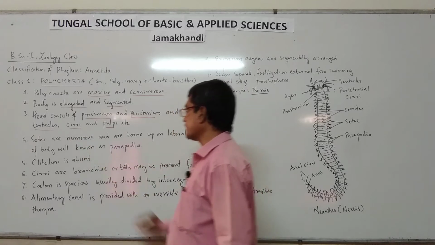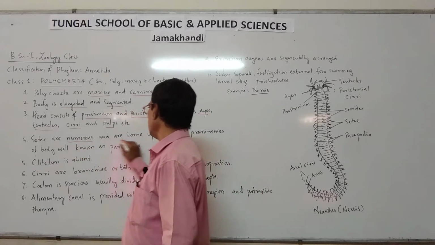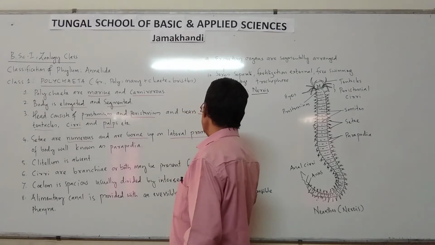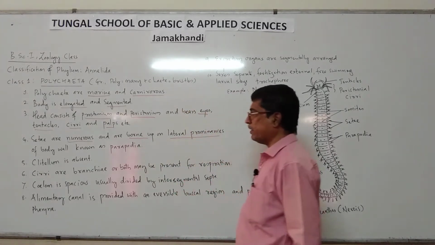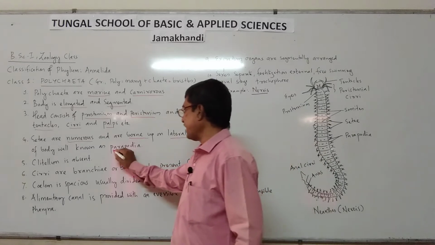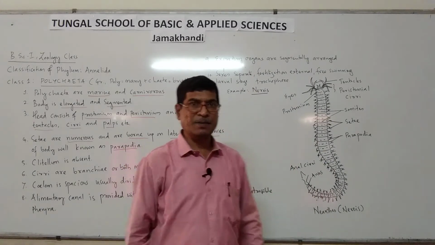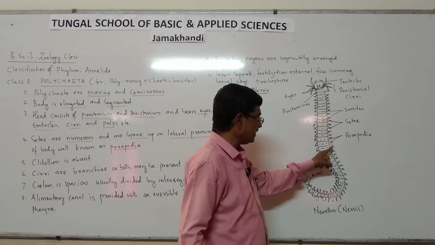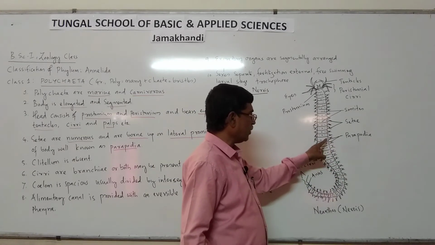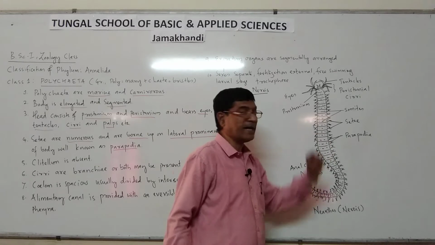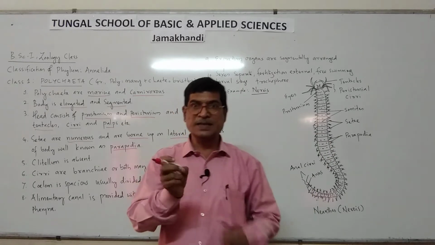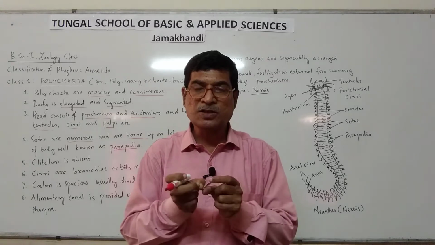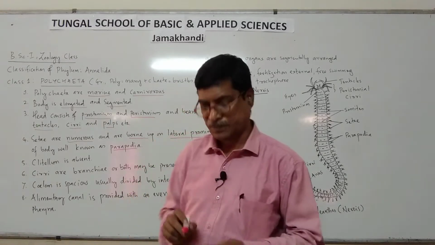Setae are numerous and are borne on lateral prominences of the body wall, known as parapodia. These are parapodia. Can you see it? On parapodia, setae are present. Setae are bristle-like structures, stiff, needle-like structures. They are used for locomotion.